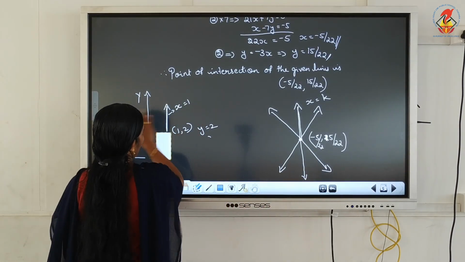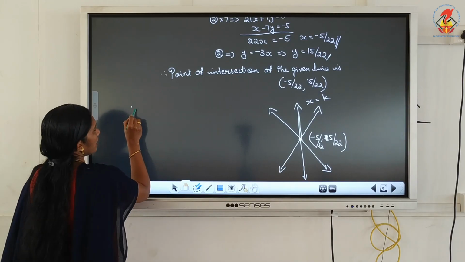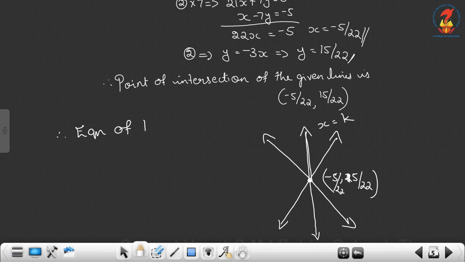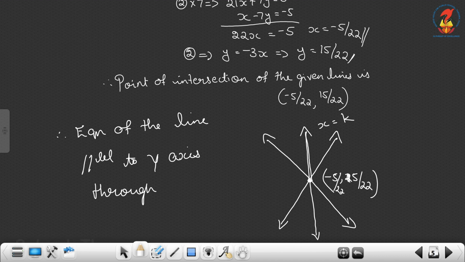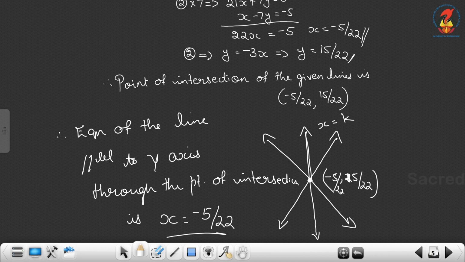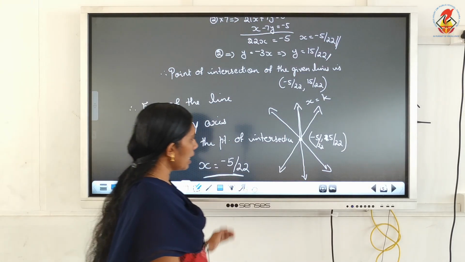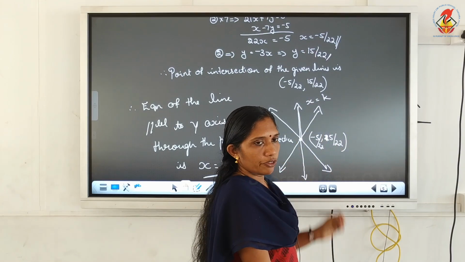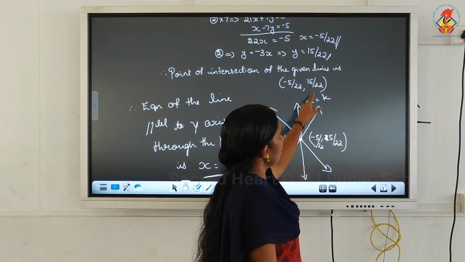Therefore, the equation of the line parallel to y-axis through the point of intersection is x is equal to constant. What is the constant value? Minus 5 by 22. If the question is what is the equation of the line parallel to x-axis, then you have to write y is equal to constant, that is y is equal to 15 by 22.